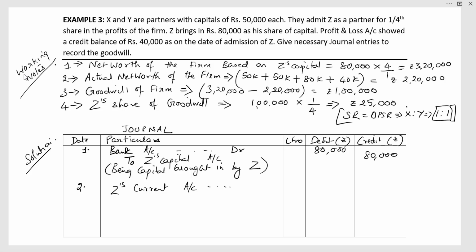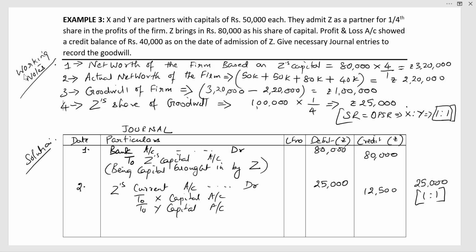Z's current account debit, his share of goodwill is rupees 25,000, to X capital account, to Y capital account. 25,000 rupees to be divided in sacrificing ratio 1:1: 12,500 rupees against X and 12,500 rupees against partner Y. So being goodwill adjusted on the admission of partner Z.